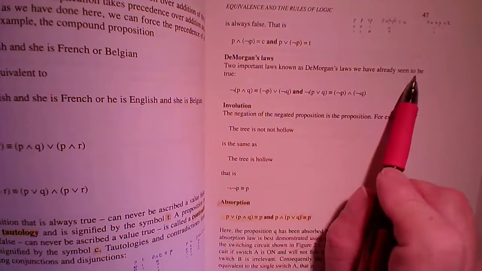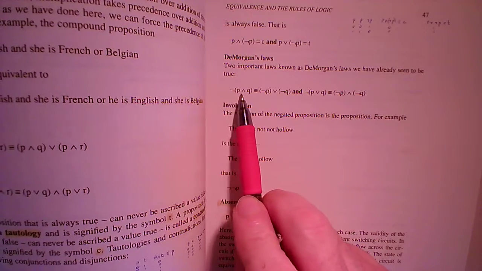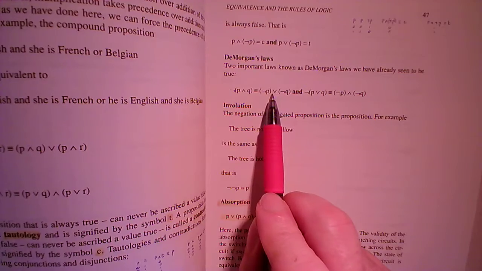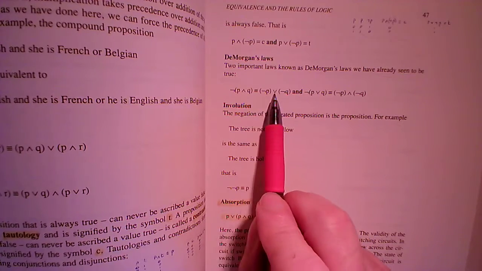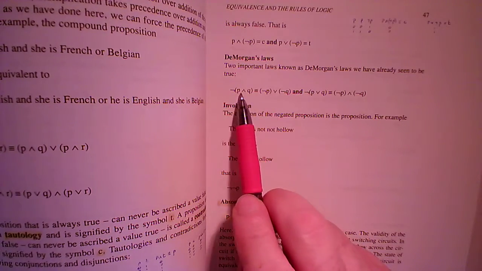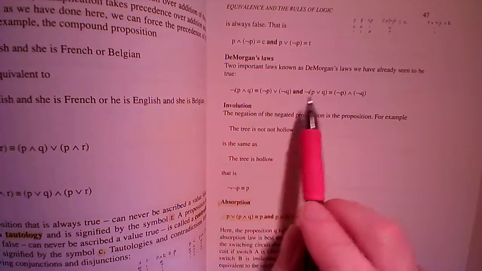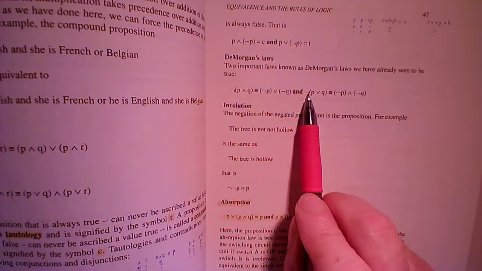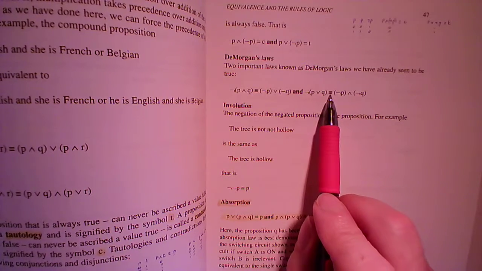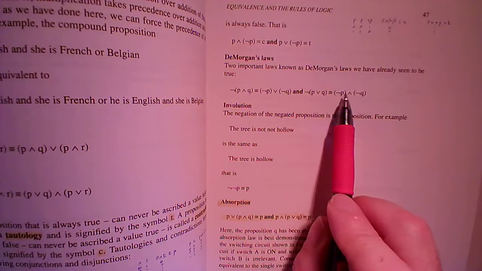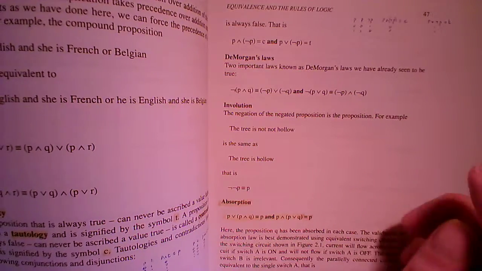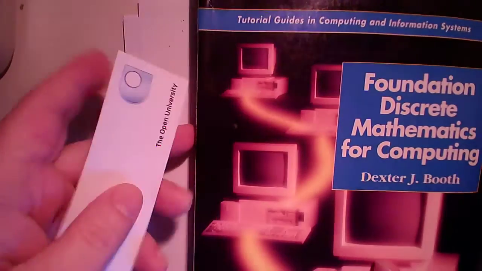Two important laws that we've got to use, where not P and Q is the same as not P or not Q. In other words, we flip that and put the not inside the brackets. And the same goes the other way round. If I want not P or Q, that's the same as saying not P and not Q. So that's the laws.